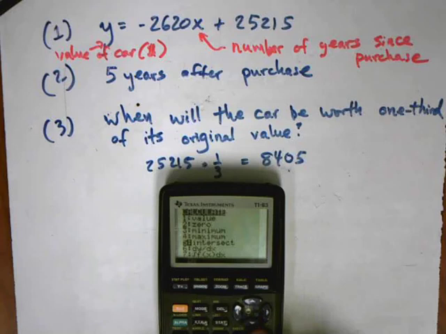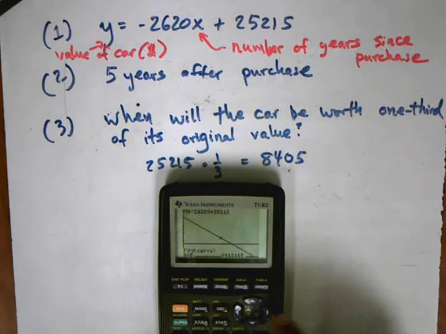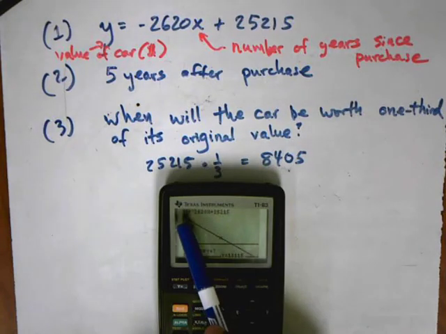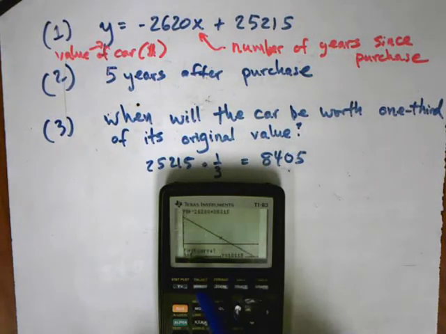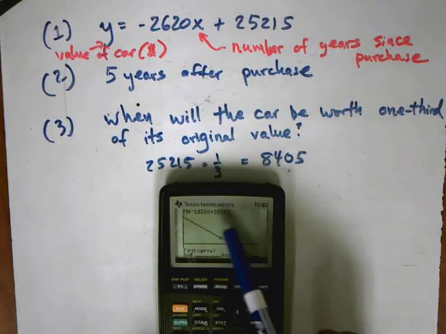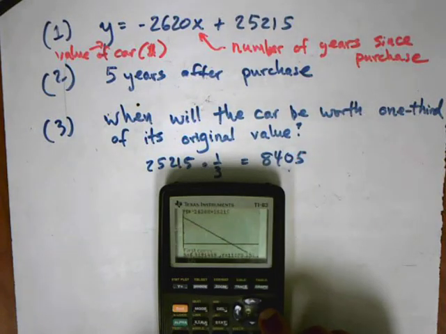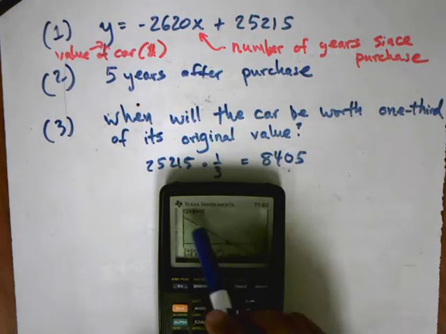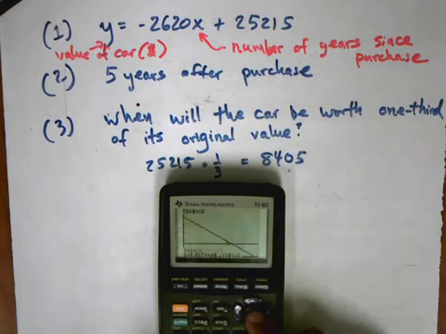Go down to intersect. The first curve, and you can see here at the top, it says y1 equals negative 2620x plus 25215. That's the first curve that we want to find the intersection for. The second curve, we want y2, 8405.